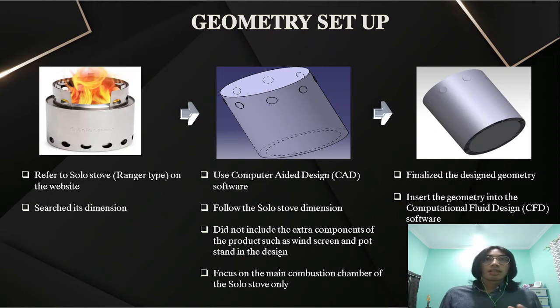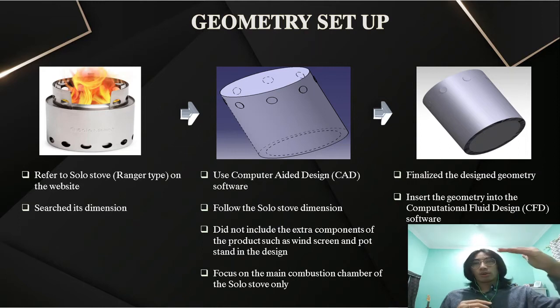Using CATIA, I followed the solo stove dimensions when designing this model. As this study only focuses on the combustion in the solo stove, I did not include extra components of the product such as the windscreen and pot stand in the design. Basically, the combustion in the solo stove starts from the bottom and flows through the outlet of the stove only.